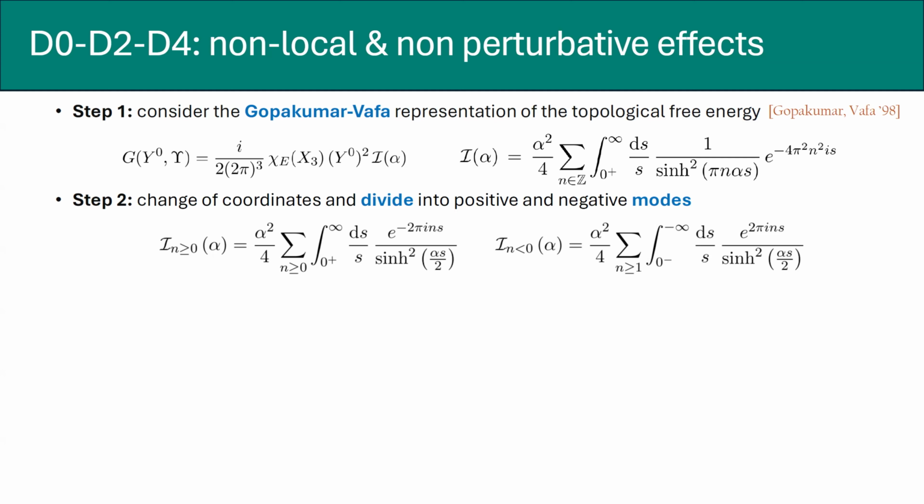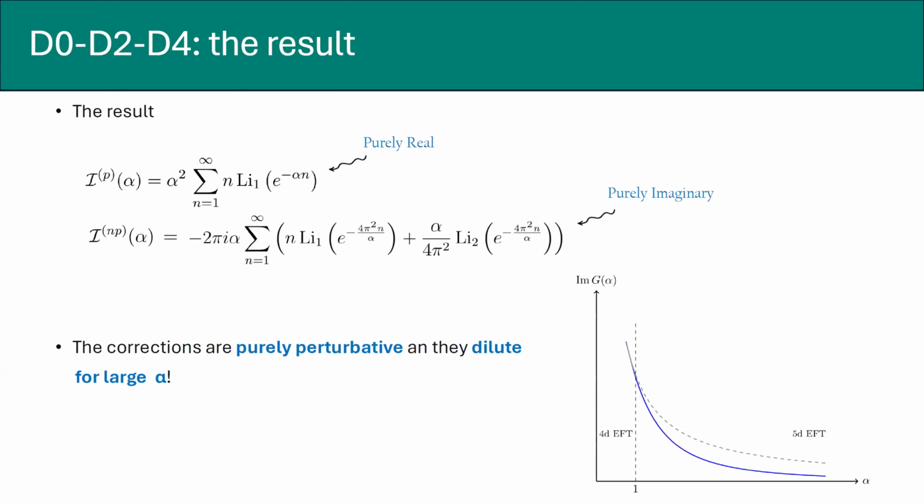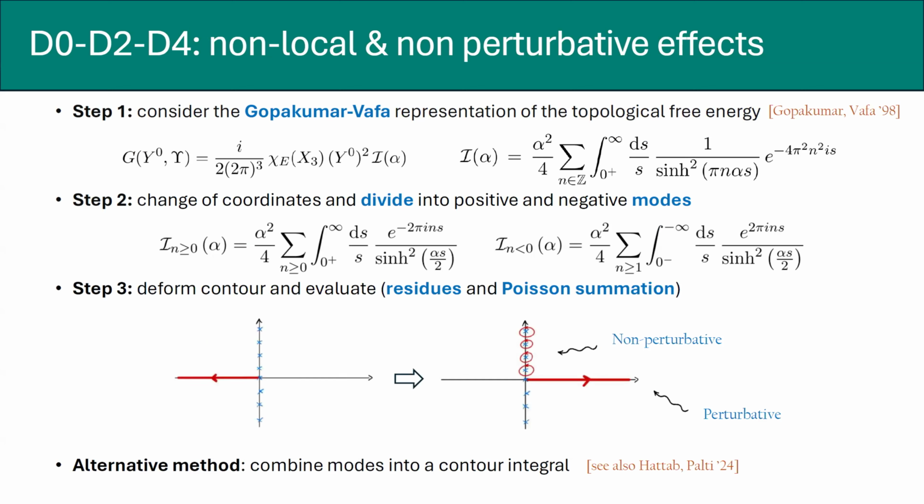We have to divide among positive and negative modes, and we have to deform the contour of integration in the complex plane and do some Poisson resummations. I don't want to give the details, but just to say that there is a precise, heavy computational part in all of these steps.